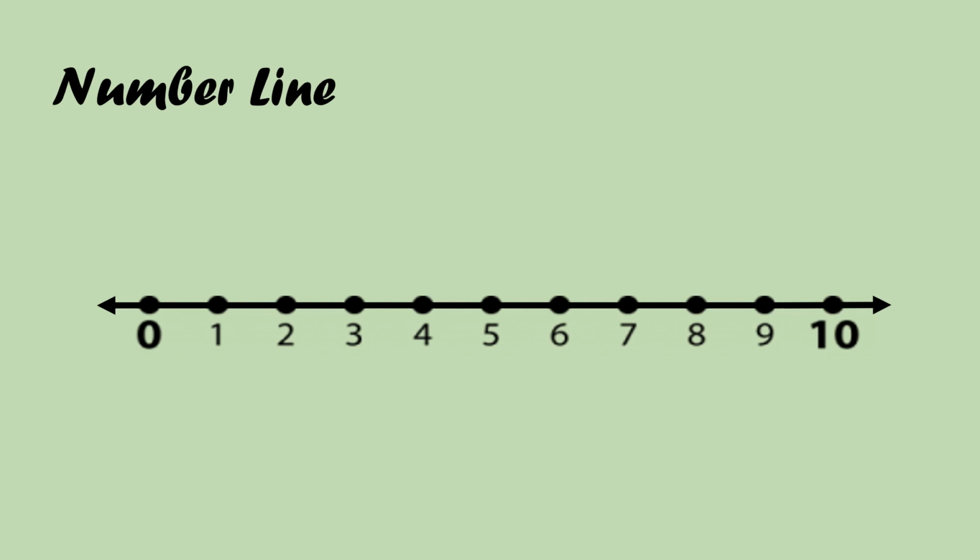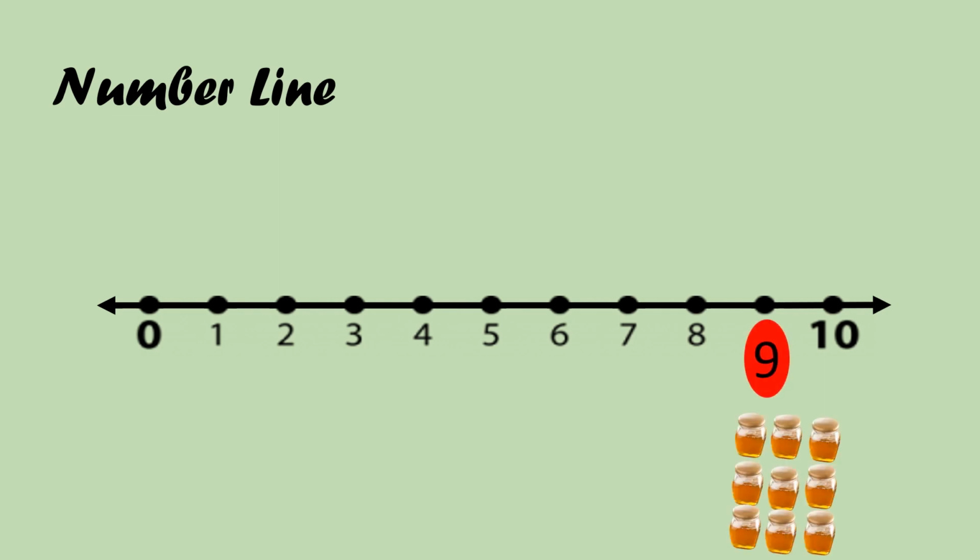We can also represent our work by using the number line. And here is the number line. We know that both bees produce 9 honey jars. And we also know that the first bee produces 6 honey jars.